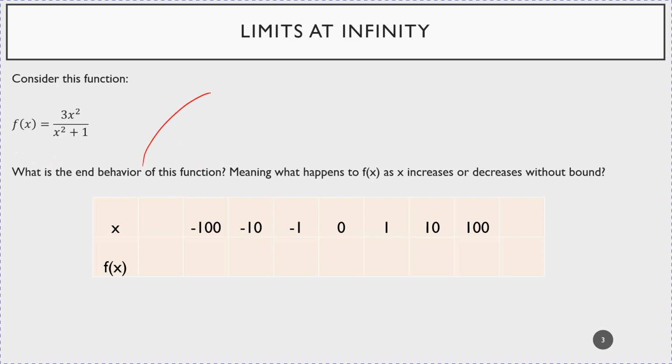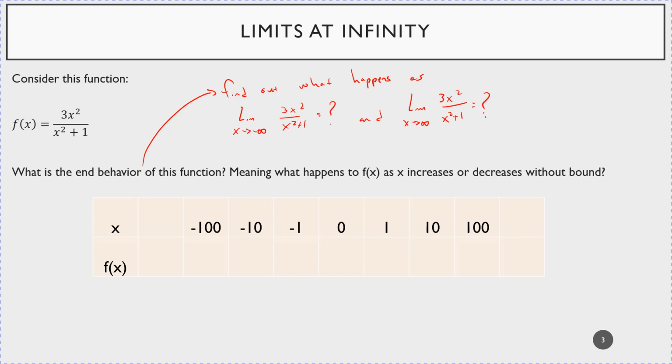I want to find the limit as x goes to negative infinity of this function. That's how I describe the end behavior to the left. And then I also want to find the limit as x goes to infinity, so as x increases without bound, gets bigger and bigger, of this same function.